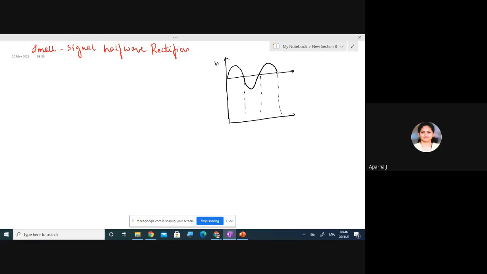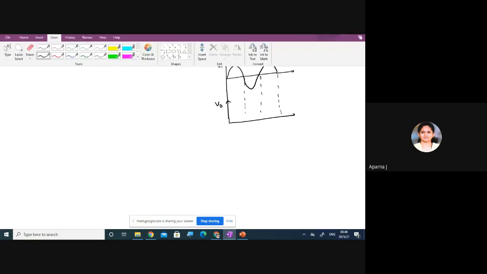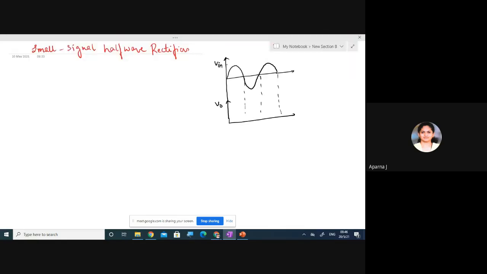So this is V in and this is V out. And I'm trying to have a positive small signal half wave rectifier. So only positive cycles will be present at the output.